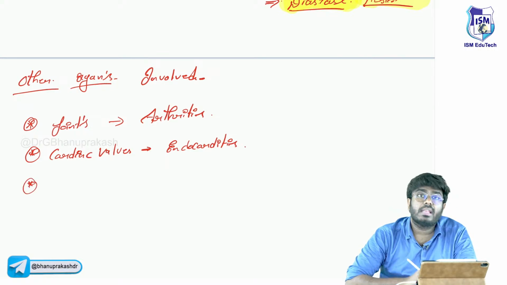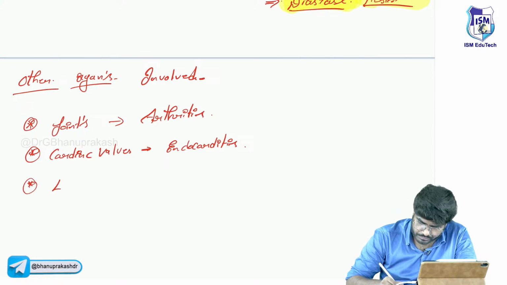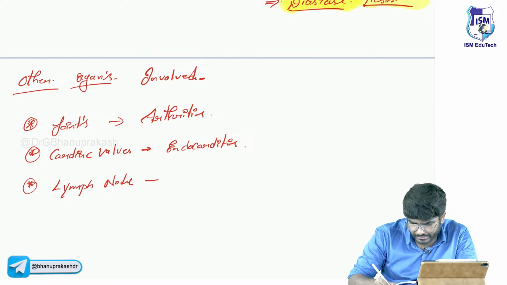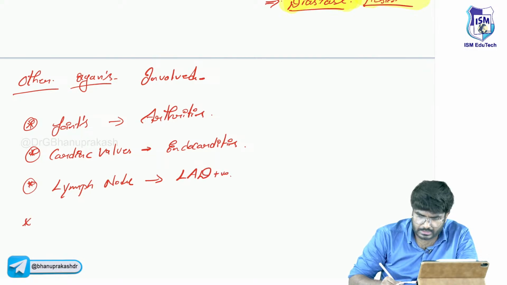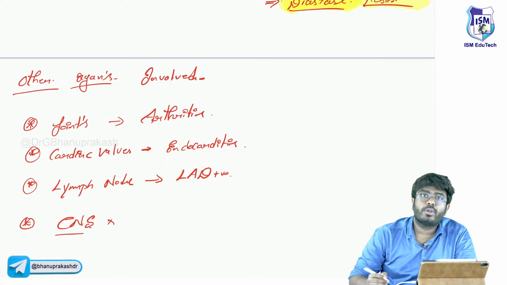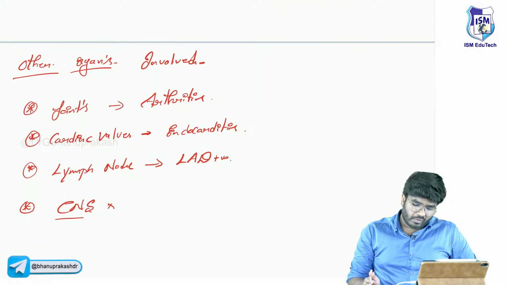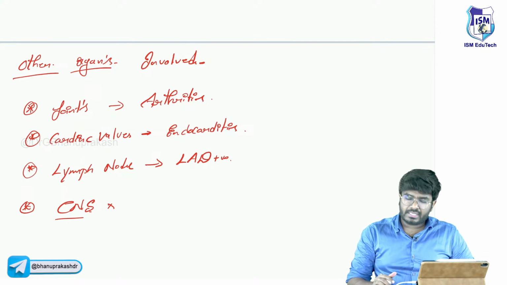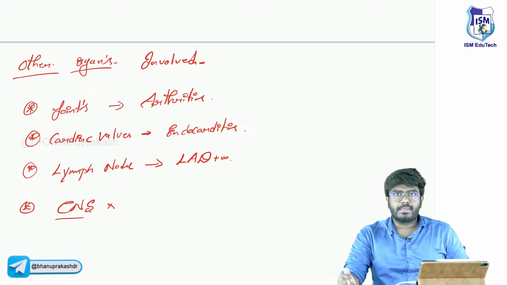Or the lymph nodes can be involved, leading to lymphadenopathy. The central nervous system can also be affected, and the patient can rarely go into seizures. So joint involvement, endocarditis, lymphadenopathy, and central nervous system involvement can be seen.